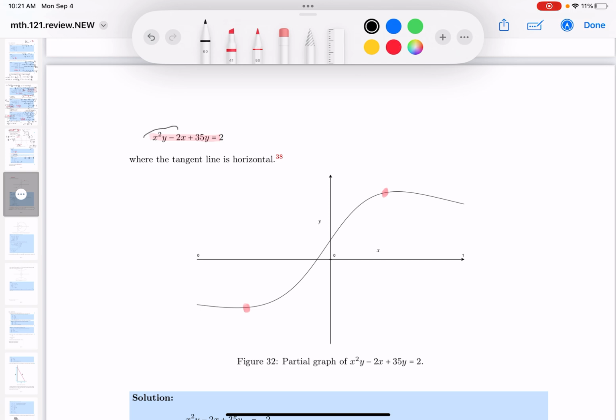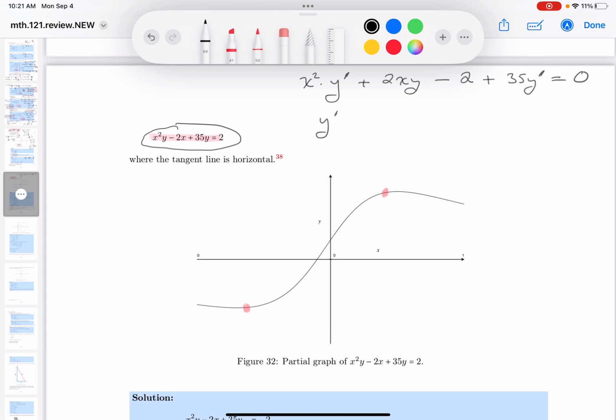I'm taking a derivative of this thing over here, and you're going to get, let's see, x squared, derivative of y is 1, so dy/dx, I'll just say y prime, plus 2xy minus 2 plus 35y prime is equal to 0. Well, let's take a look at that. I'm going to factor the y prime out from the two terms.